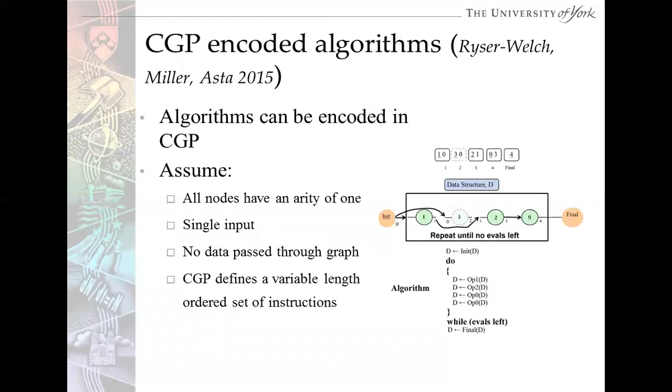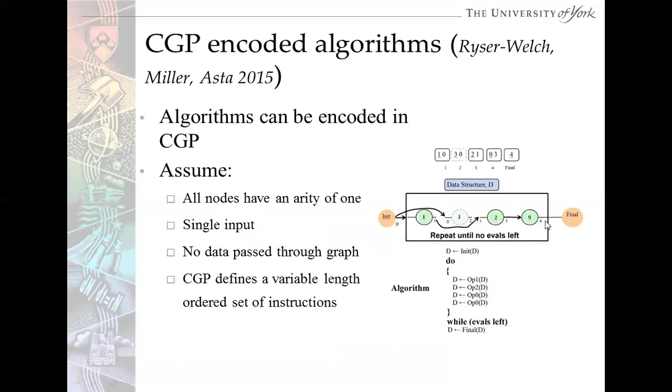CGP can quite easily encode algorithms. The way you do this is you create a nominal CGP. I'm imagining here that each of these nodes carries out quite a complicated operation, which is defined somewhere else.